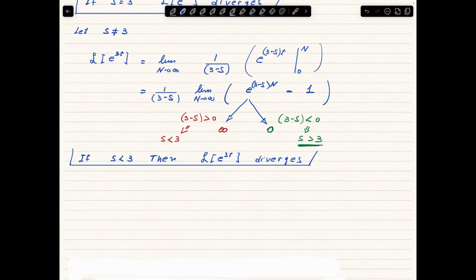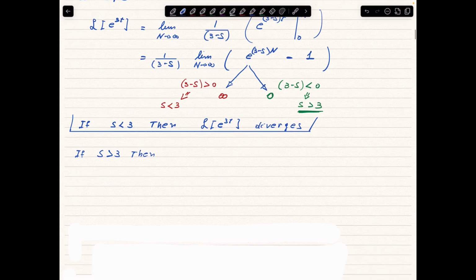And if s is bigger than 3, then what we have is a very nice formula for the integral, because the Laplace transform of exponential 3t in this case is going to be 1 over 3 minus s.